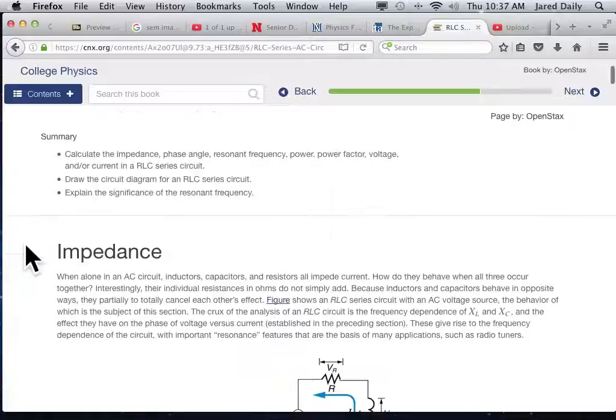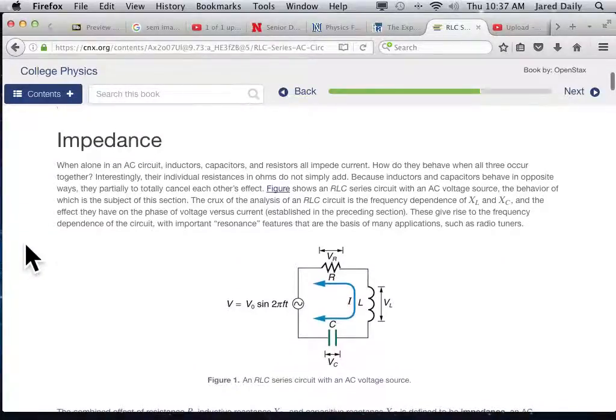Now let's talk about what happens when we put all these three things together in a circuit. You've got a resistor, a capacitor, an inductor, and a circuit that's got a frequency back and forth, back and forth. Each one of these is going to affect the current in the circuit, but at different times during the change of the voltage.